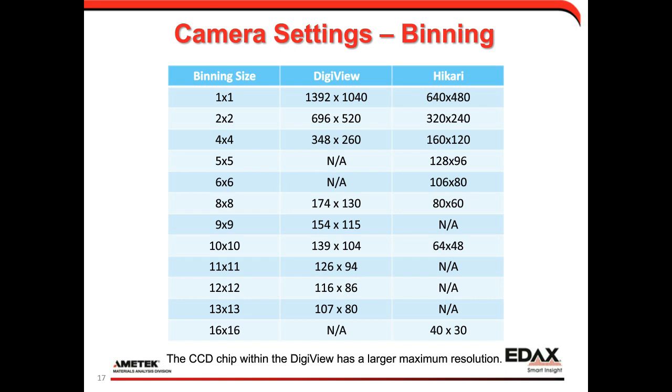We can see the 139 by 104 pixels for the DigiView, and the Hikari is about half that at 64 by 48. That's a relatively big change in your pixel resolution, but the Hikari is sensitive enough to really start pushing speeds to get patterns that are good enough at high speed.